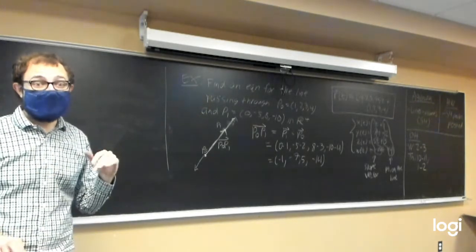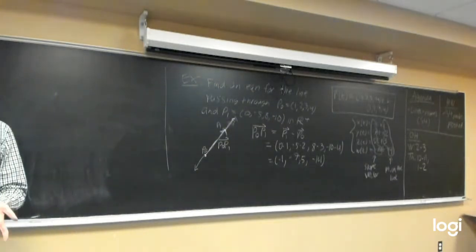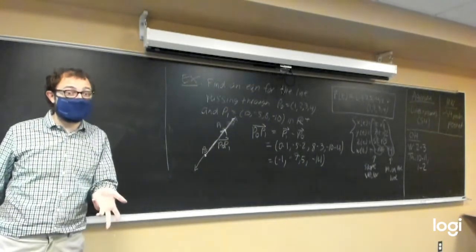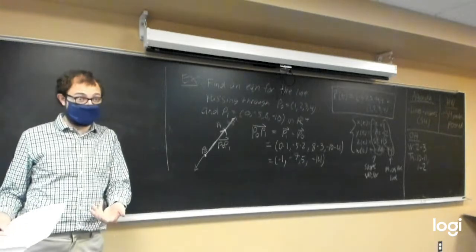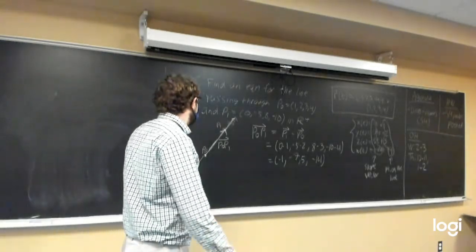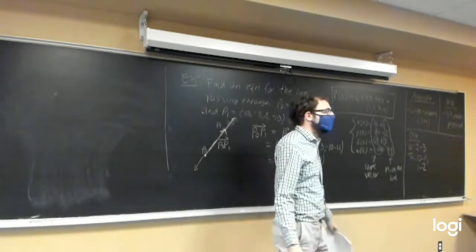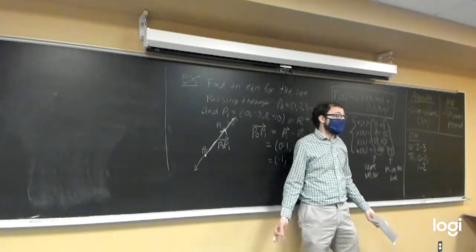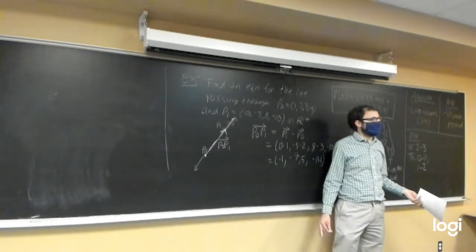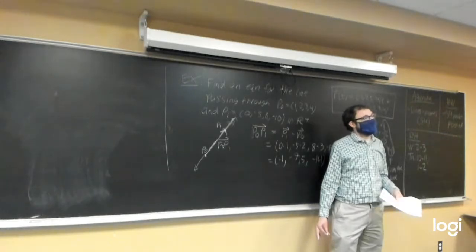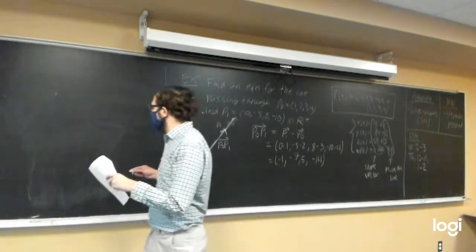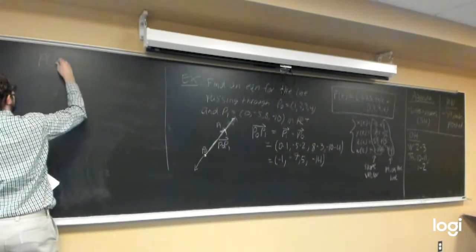It's a flat plane, but it might have to exist in 3-dimensional space or 4-dimensional space. The way we're actually going to define a plane is using this idea from Standard 2 of orthogonality. So let's write this down and see what happens.